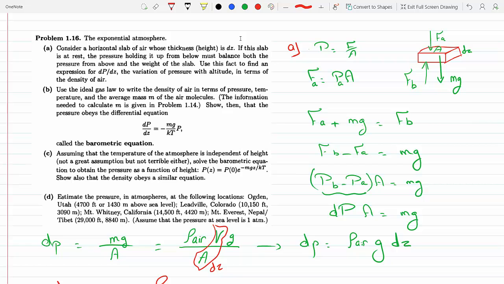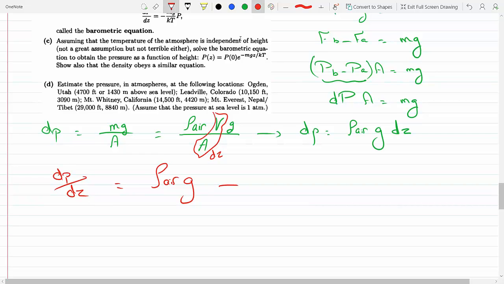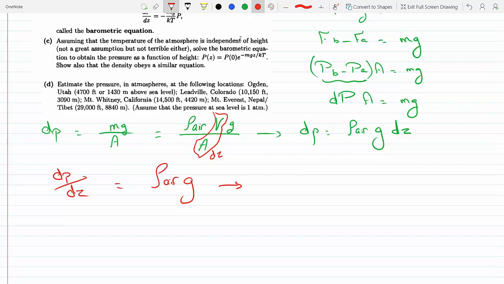I'm assuming that height increases as I go upwards, so I'm measuring the y-axis from the bottom up. So if I keep my dp the same, except I reverse this, I would have to put a minus sign here. And so this would be the change in pressure with change of height.